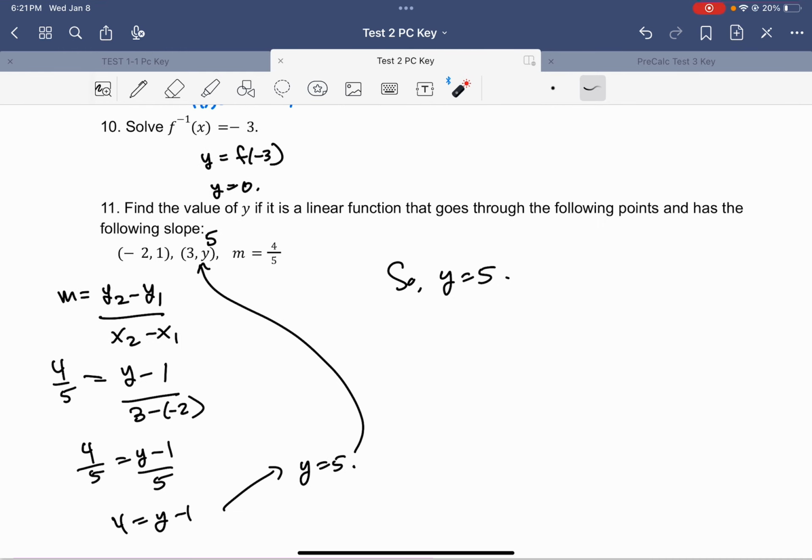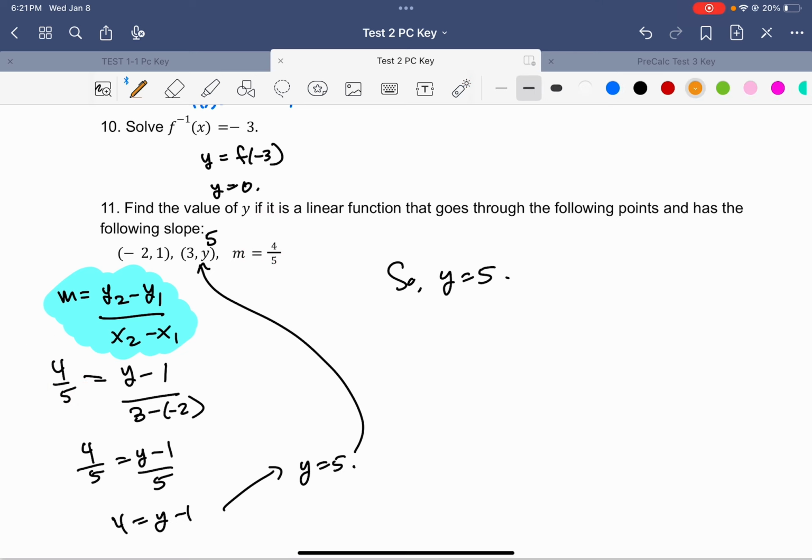Okay, then it says find the value of y that is a linear function that goes through the following points and has a slope. If I go through these points and have this slope, well, I needed to know that the equation for slope is y2 minus y1 over x2 minus x1. Must be memorized. So if the slope is 4/5, I can plug in this slope here. And then I just start giving them names.